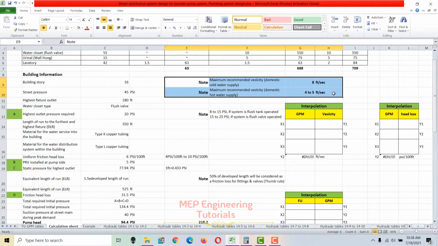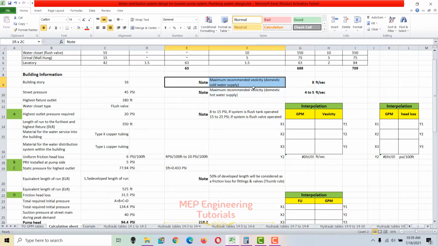Velocity has a very prime importance for domestic hot and cold water supply system design. If you see the note over here, the maximum recommended velocity for domestic cold water supply pipe sizing is 8 feet per second, and for hot water supply the maximum recommended velocity is 4 to 5 feet per second. So we are going to use a 5 feet per second limitation in the case of hot water supply pipe sizing, and 8 feet per second in the case of cold water supply pipe sizing.